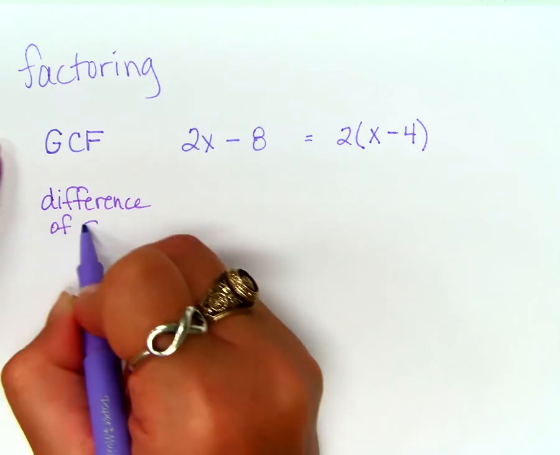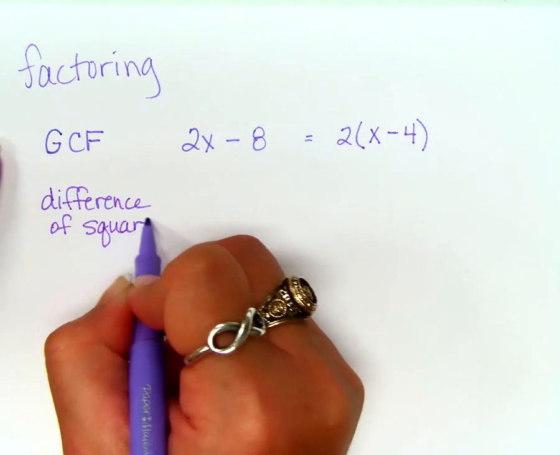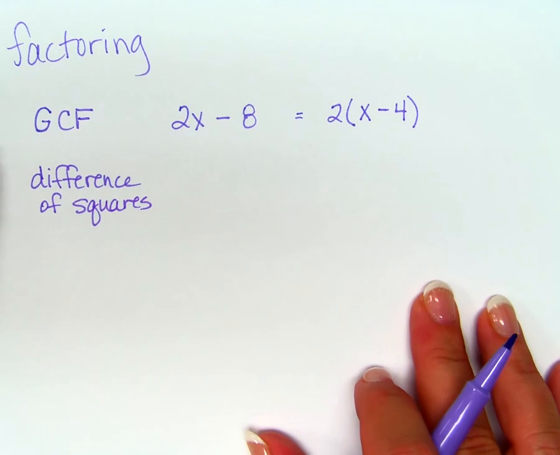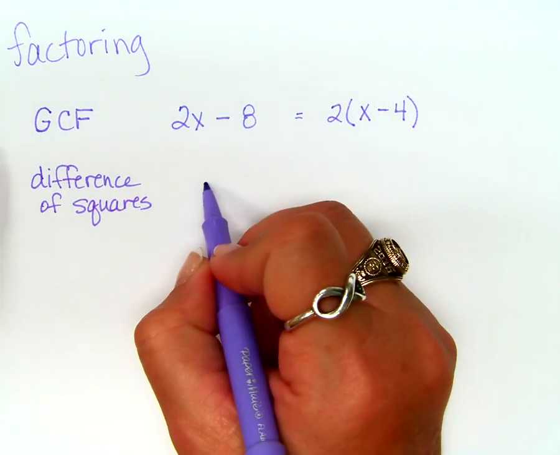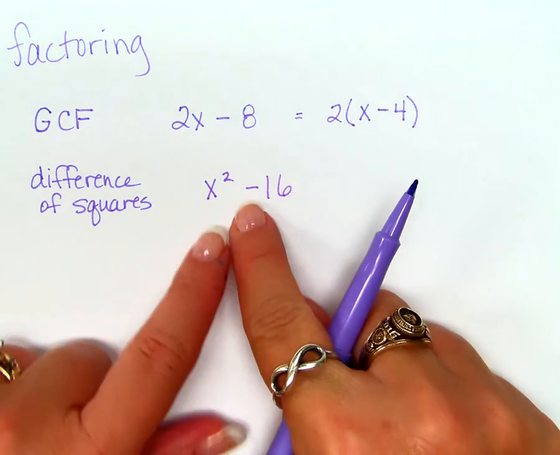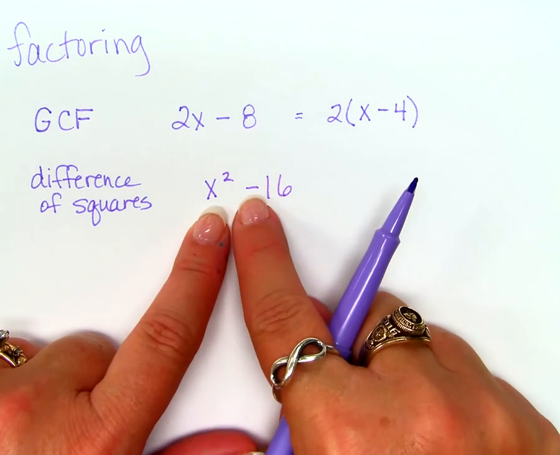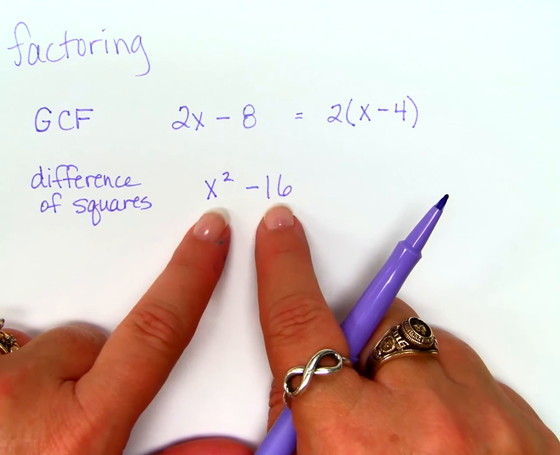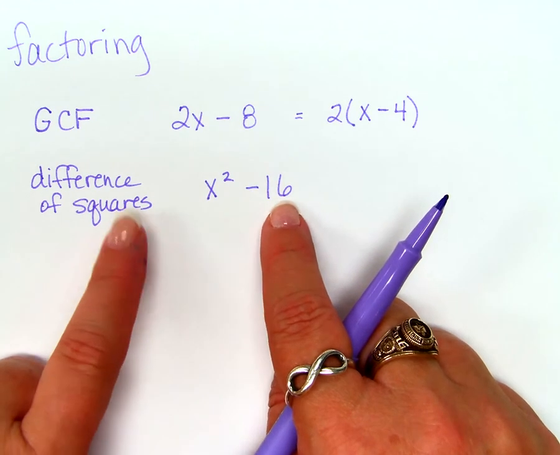of squares. And what did it look like if it was a difference of squares? Well, first of all, it was a binomial. It had a subtraction sign because of difference. And each one of these two numbers right here were squares.